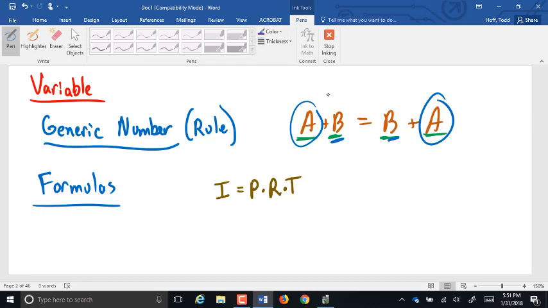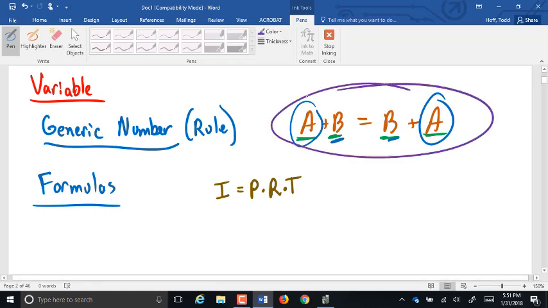What they're doing is they're waiting for a value. Up here, we don't care what their values is. It's expressing a rule. The symbols are really all that needs to be stated there. Down here, each of these are waiting for a value to be given to them.